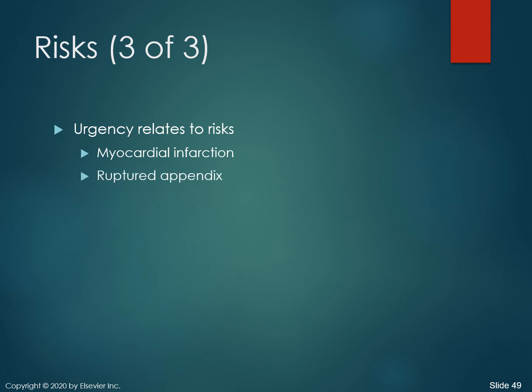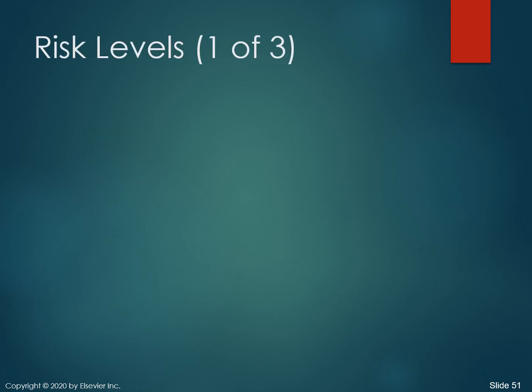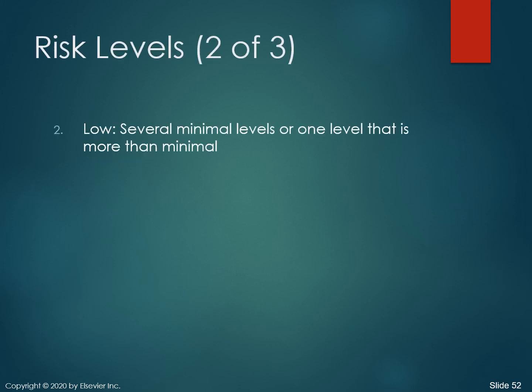Ruptured appendix, that as well. And we have 4 risk levels: minimal, low, moderate, high. Minimal would be the first one, like a wasp sting.